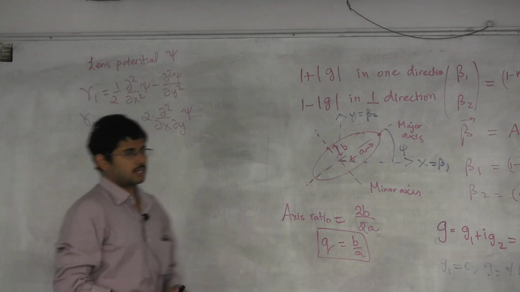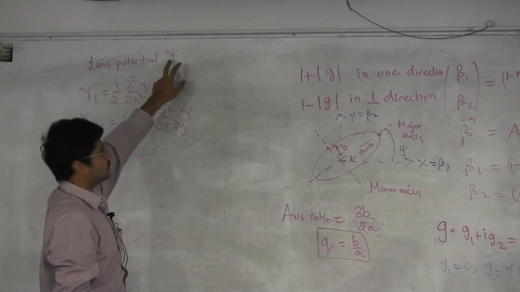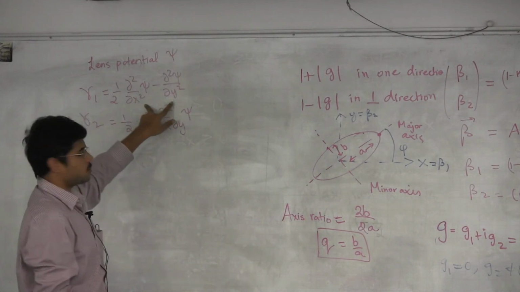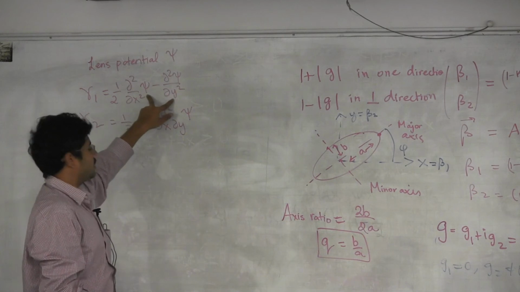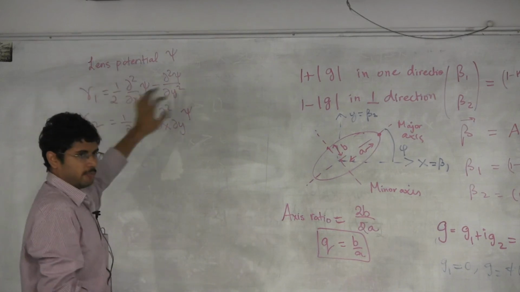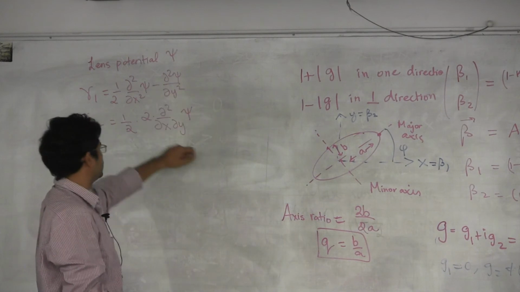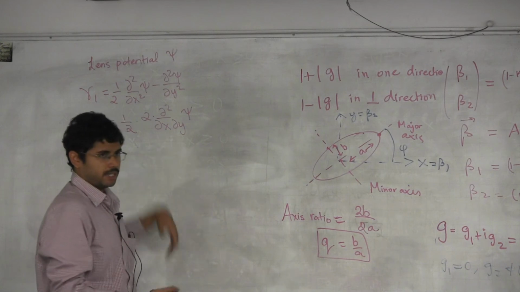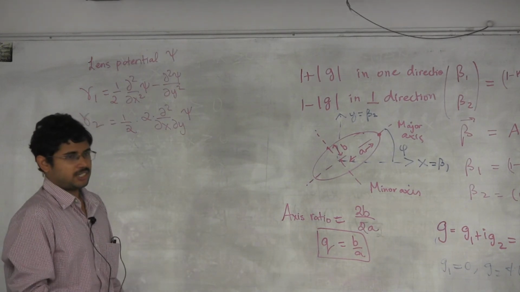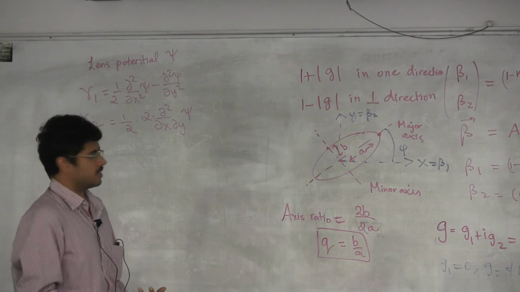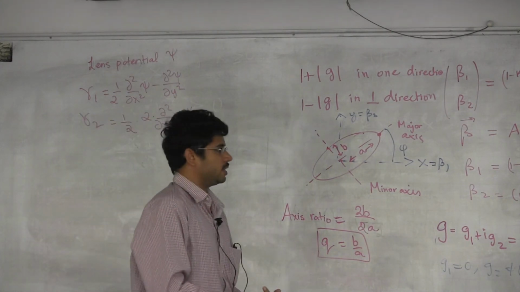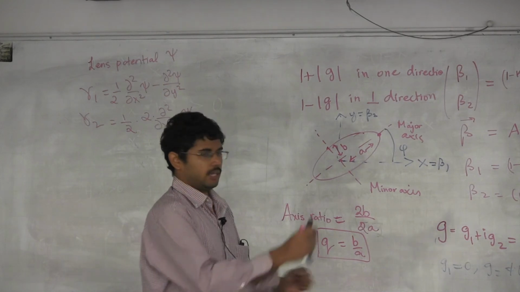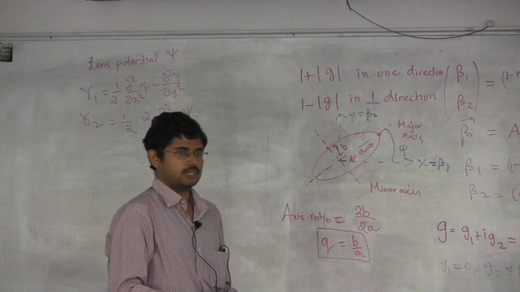So if you have a circular lens, it will also produce a psi which has circular symmetry, or more specifically, these two quantities will be the same and they will be 0. So gamma 1 will be 0 for a perfectly circular lens, and similarly gamma 2 will also be 0 for a perfectly circular lens. But again, neither the sources nor the lenses are circular. So in general you will have this G1 and G2, and it also depends on the orientation of the source and the lens.